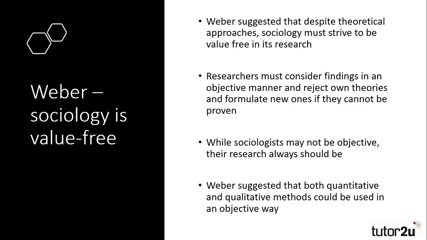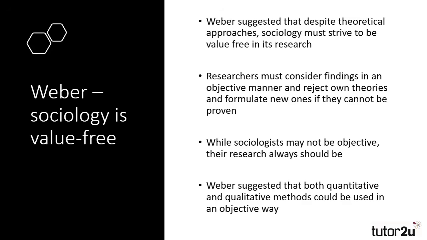Similarly, Weber suggested that sociology must strive to be value-free in its research. Whilst Weber suggested that the choice of topic, theoretical approach and choice of methods are inherently subjective, researchers must consider the findings of their research in an objective manner and reject their hypothesis if their research could not prove it.